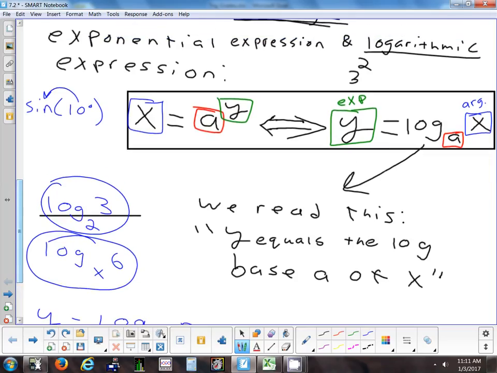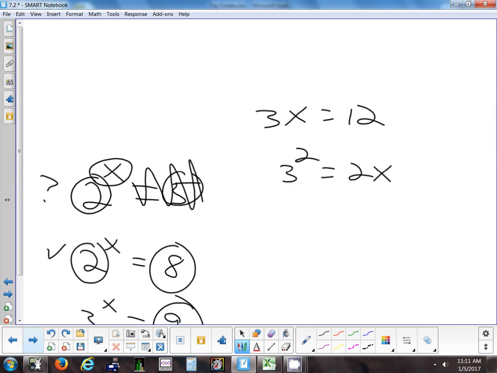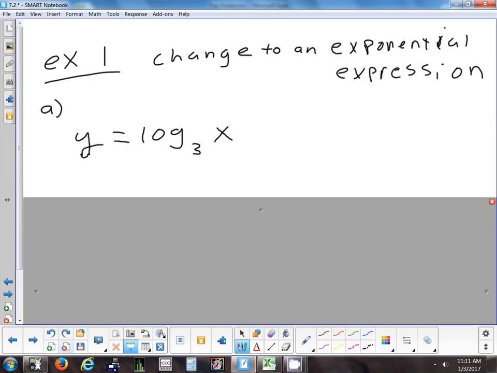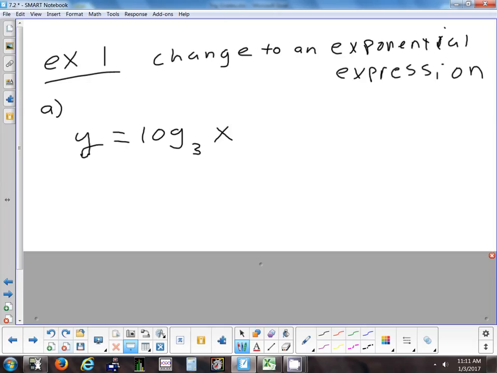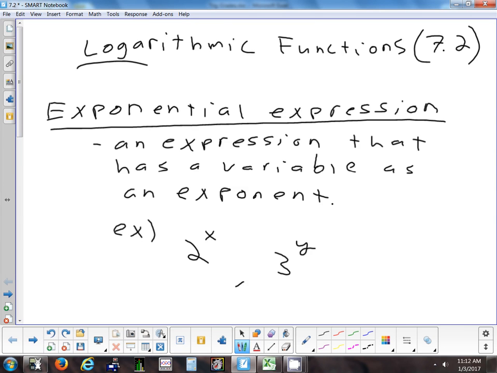All right, so now what I'll do is I'll start you off with one of these two, and we're just going to practice changing something from exponential to log, and then we'll try the other way as well. The first type, we're going to practice changing something that's log into exponential. When you want to change to exponential, there's three things.